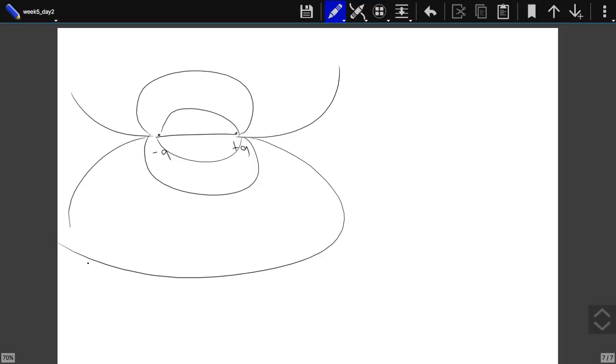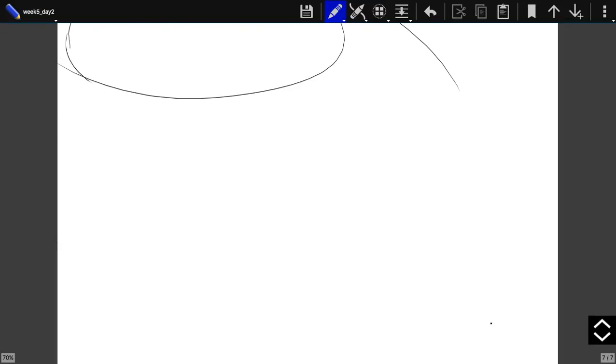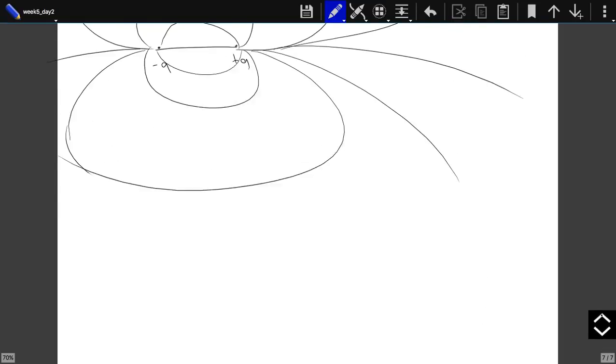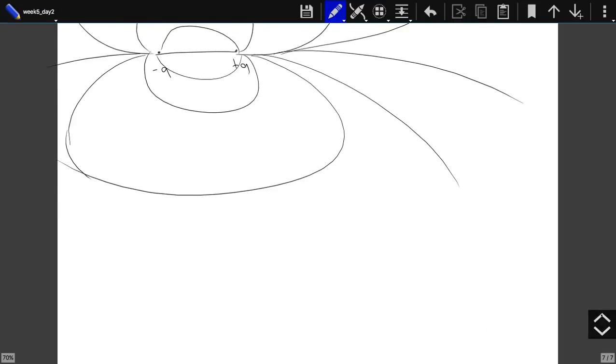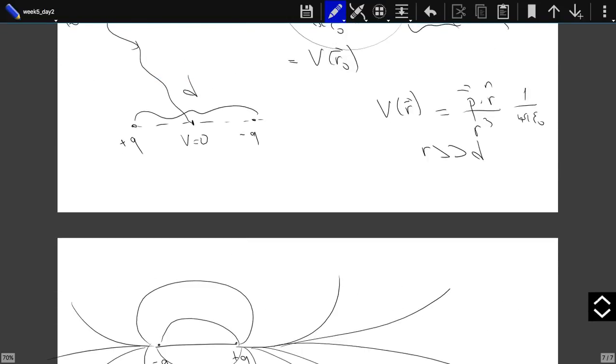They spread out, their density goes to 0. But nevertheless, if you are at this point, you are not at infinity, but you are sufficiently far away. Let's say 5 times the separation. That is sufficiently far away. At this point, there will be a non-zero potential that looks like this.